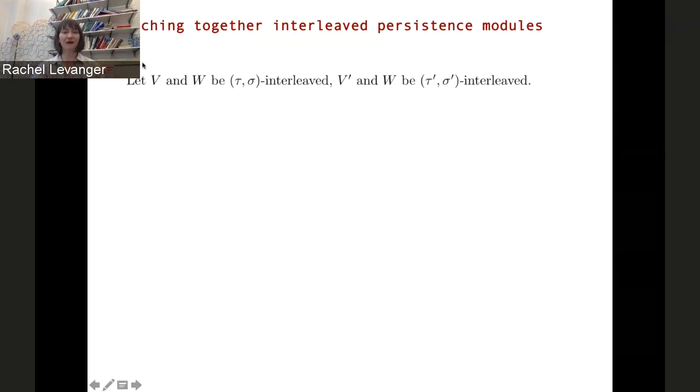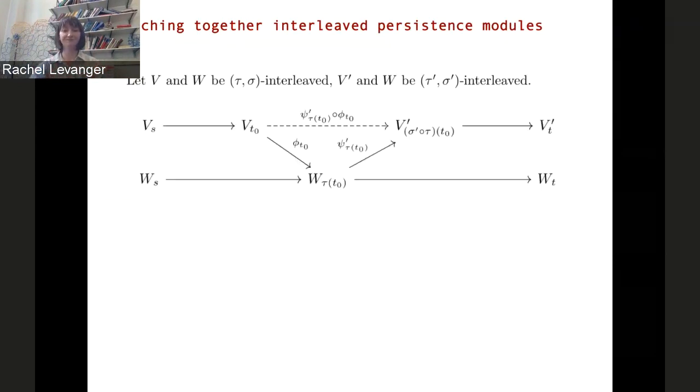So let's say you've got V and W are tau-sigma interleaved. Remember, V is the one you can compute, W is the one you can't compute. And then you've got some other approximation of W, and it's tau prime-sigma prime interleaved. You want to know, how can I splice V and V prime together to get a spliced up approximation of W?